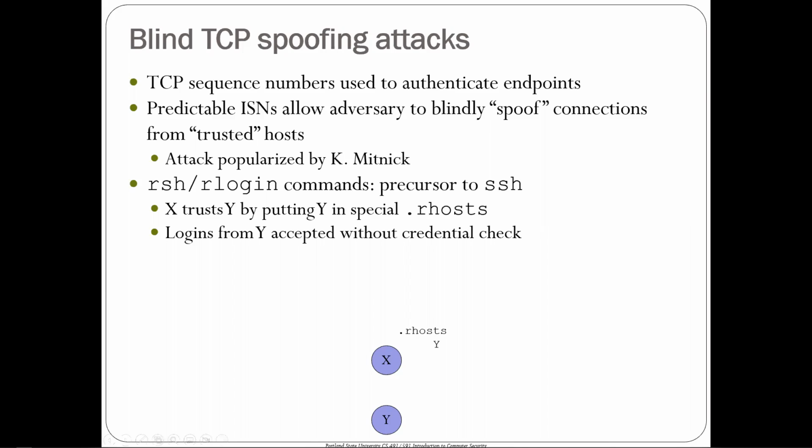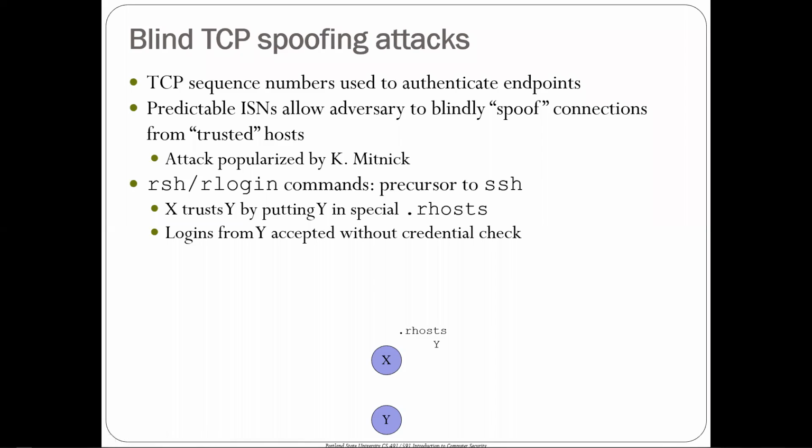And so the idea is that, hey, in my file system, in my .rhost file, and this would be in your home directory, you would create this .rhost file. So say I'm on X, and then I'm going to put Y as a trusted remote host. And so this denotes that I'm going to allow logins from Y without a password, without authentication.